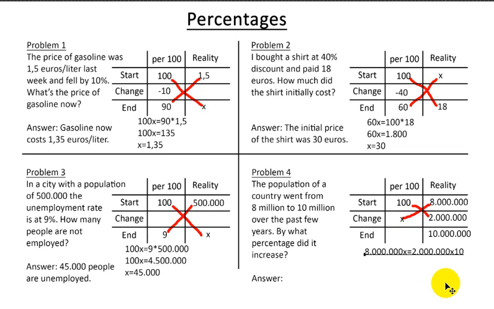Let's get the zeros right. Times 100. Wait, that times needs to be fixed, so you don't confuse it with this x. So 8 million x needs to be equal to 200 million.